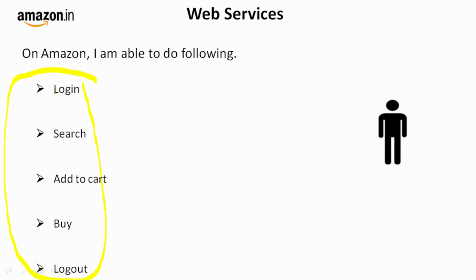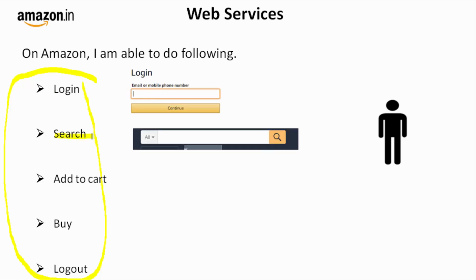You can log in to Amazon to access your account, and you can search for any of the products on Amazon. So you will be able to use this business service called search. Or if you like a product, you can add that particular product to your cart, then maybe go ahead and buy it, and then you can log out.